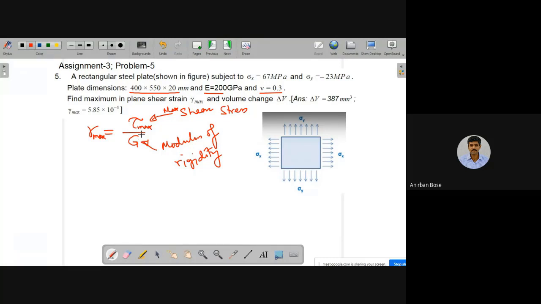So this is the formula that we are using, and first of all you have to know the value of G, the modulus of rigidity. For that we have these two pieces of information, and we know how G is related to E. You have to remember that E is equal to 2G into (1 plus nu), where nu is the Poisson's ratio.